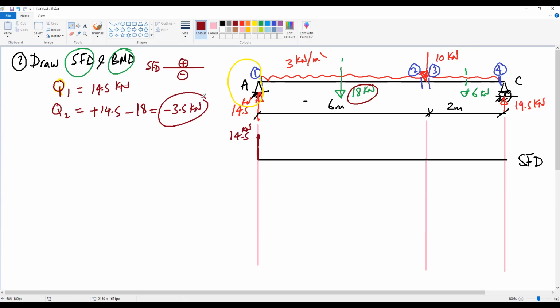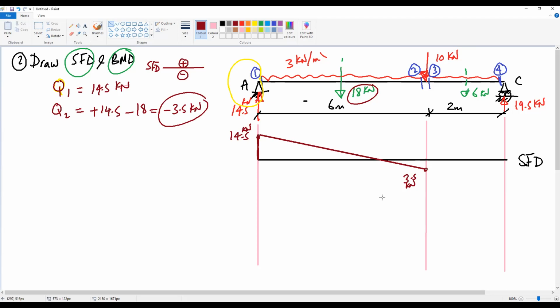Negative means below datum or above datum? Below datum. So the shear at 2 is 3.5 kilonewton below datum. From 1 to 2, we connect them with a straight line. So this will be our line.